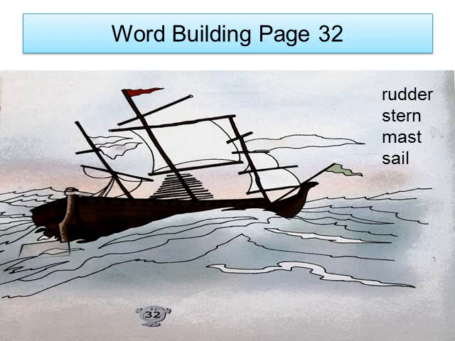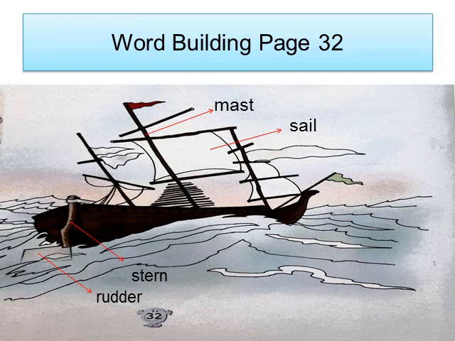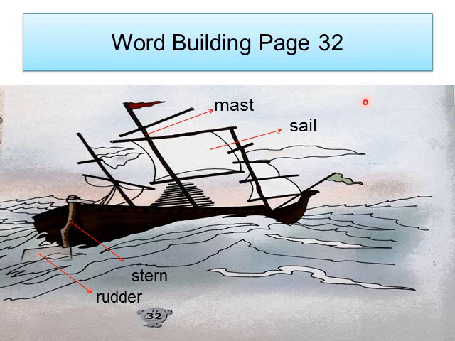Let me help you with this. Children, as you can see, I have drawn some arrows showing the parts of a boat. If we start with the first word here, this pole which you can see is called a mast.